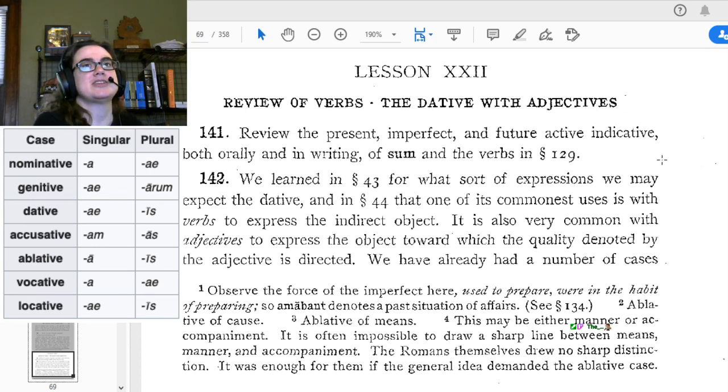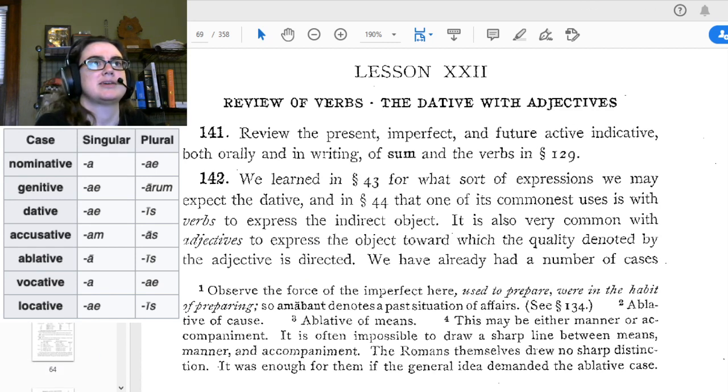All right. So we're being asked to review the verbs now. Sum, es, est, sumus, estis, sunt. Let me just go back to those forms of to be that we learned last time.